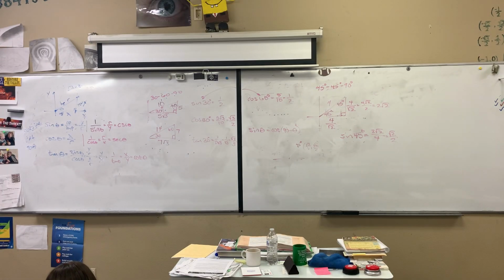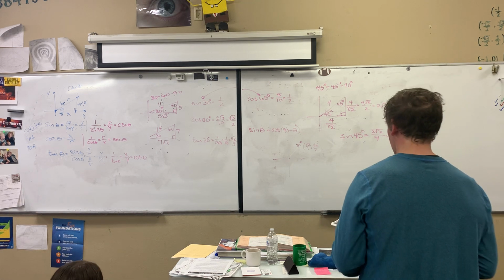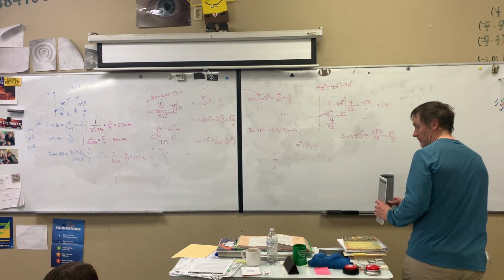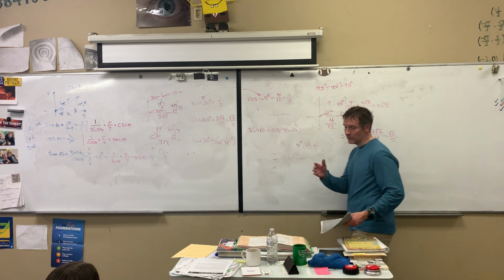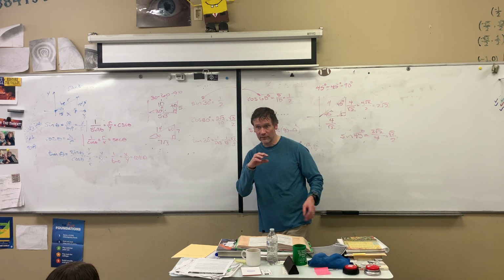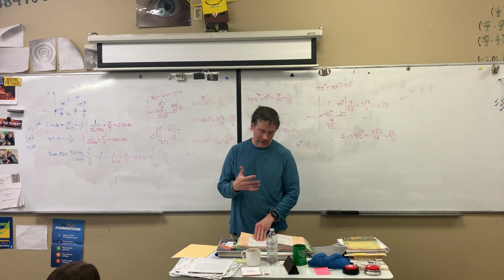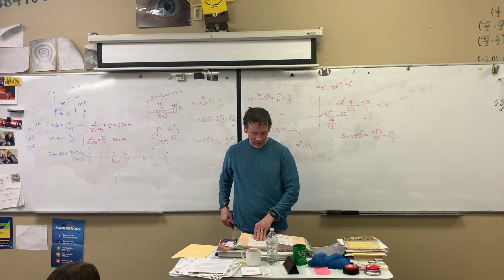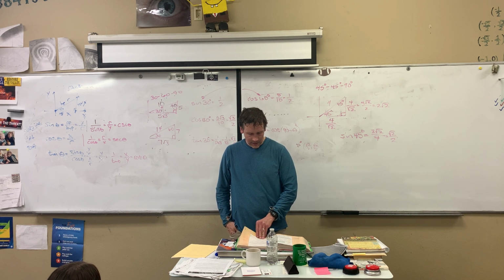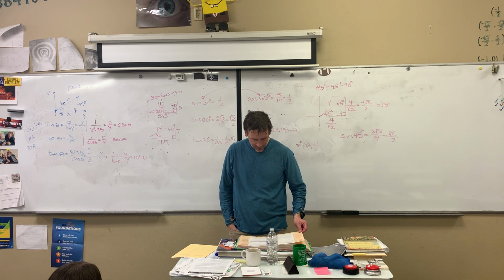Now it gets a little, not necessarily tricky, but when you see 90 degrees and 0 degrees, how does a right triangle have an angle measure of 0?